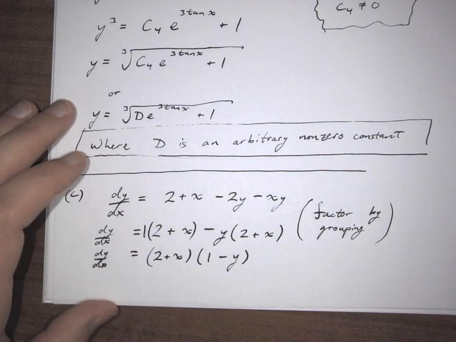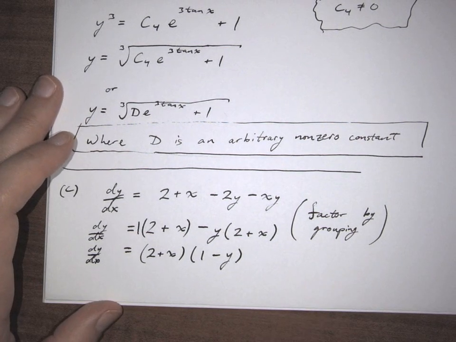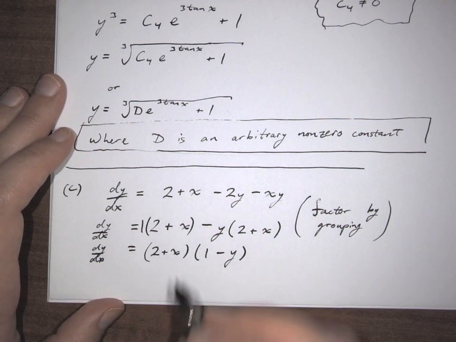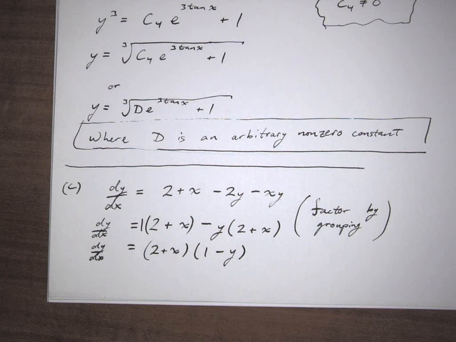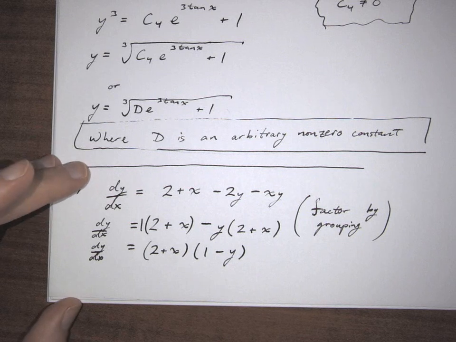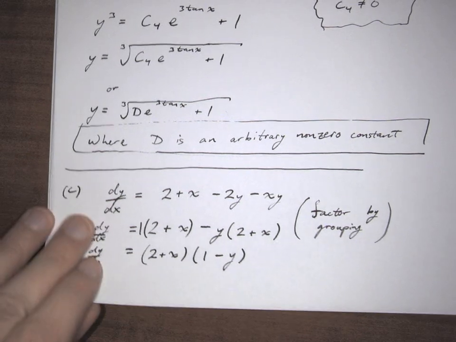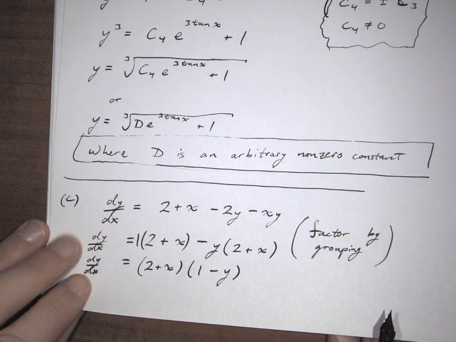So now what we have is finally in a legitimate separable form so that we can multiply both sides by something, divide both sides by something in order to end up with all the x's on one side, all the y's on the other. So now we can go ahead and do that.